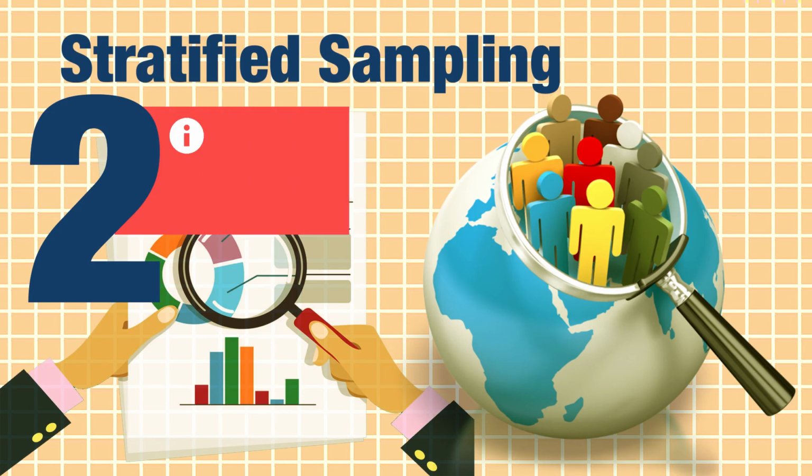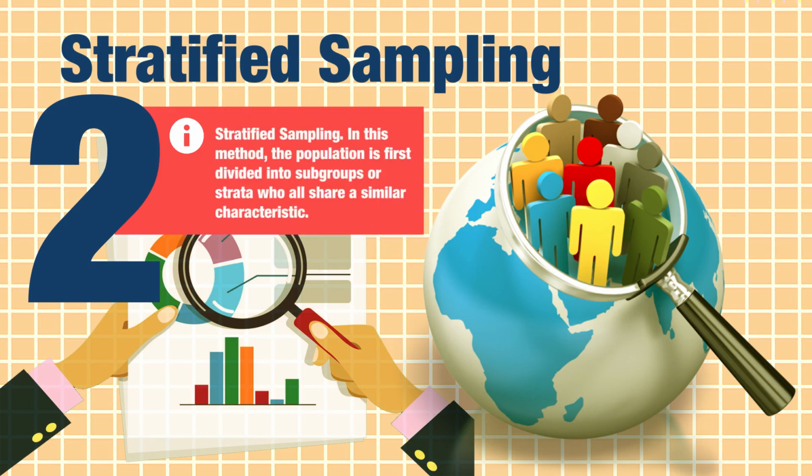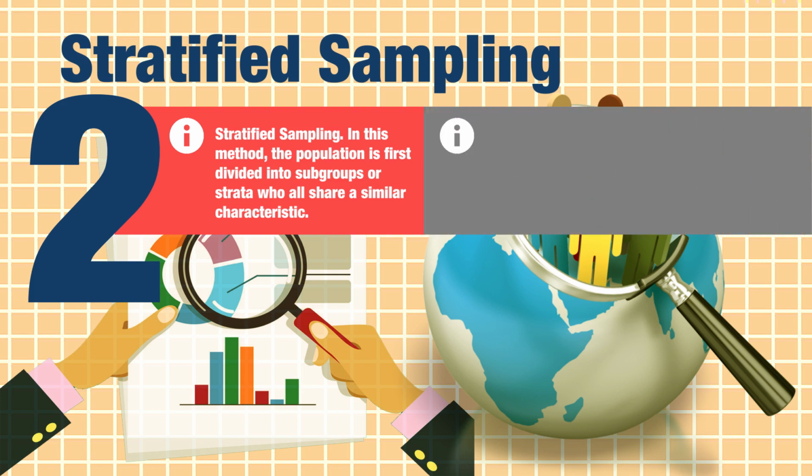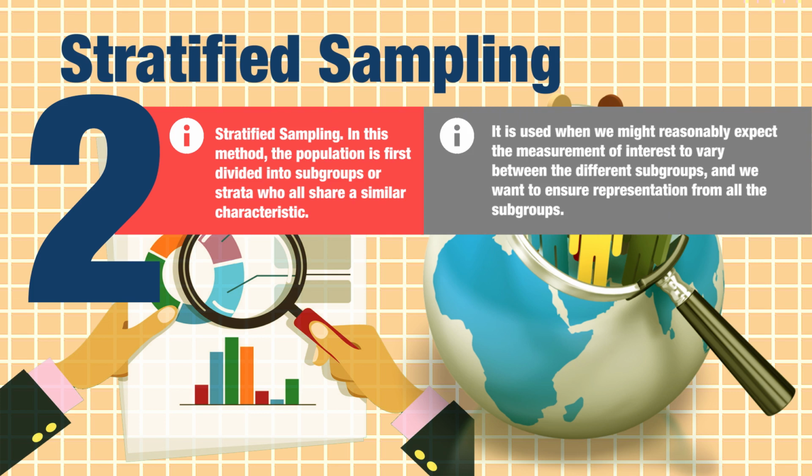Stratified sampling. In this method, the population is first divided into subgroups or strata who all share similar characteristics. It is used when we might reasonably expect the measurement of interest to vary between the different subgroups and we want to ensure representation from all the subgroups.